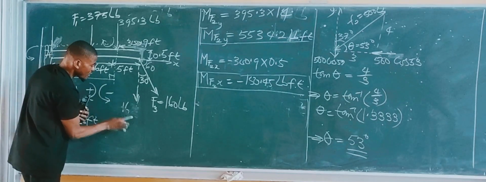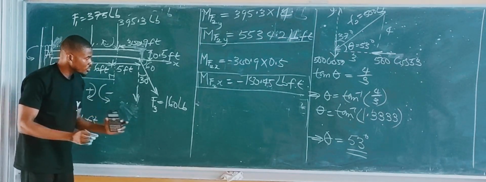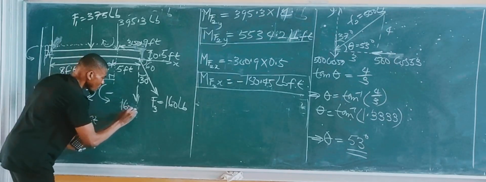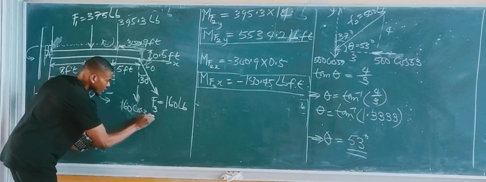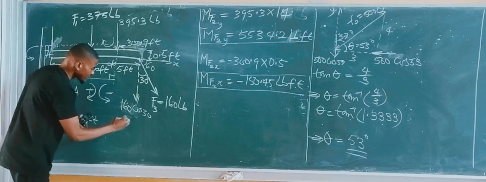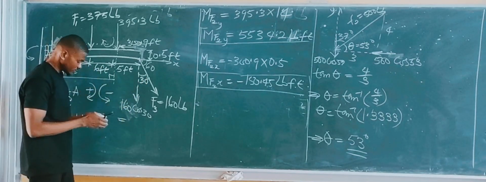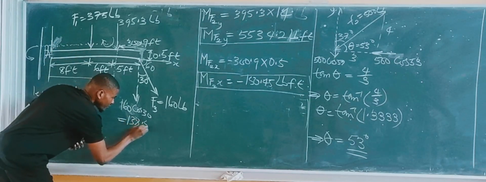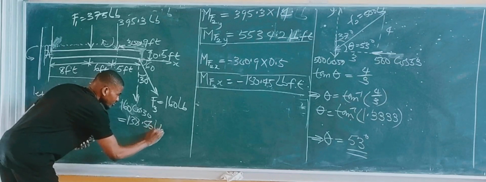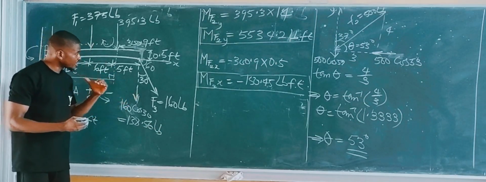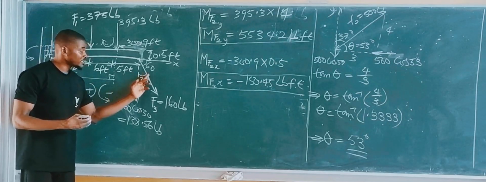So this force is 160 cos 30, because it passes through this angle of 30 degrees, which gives 138.56 pounds.